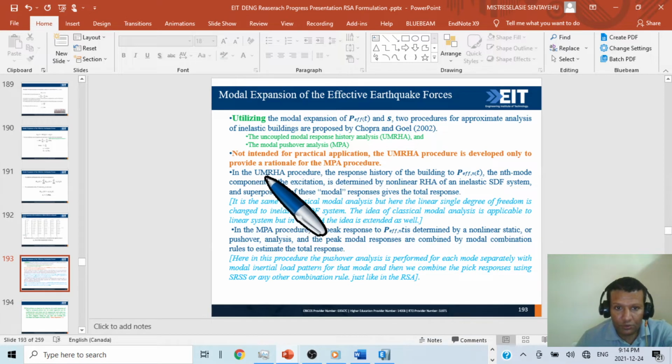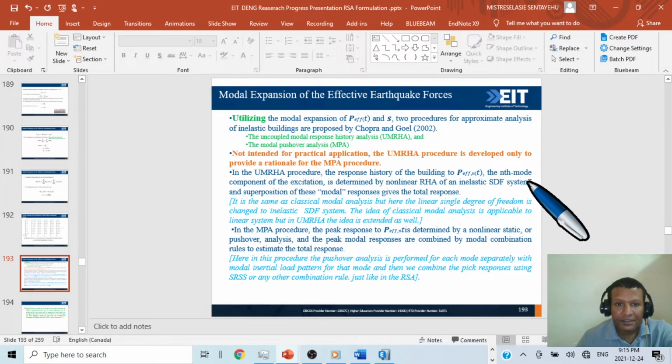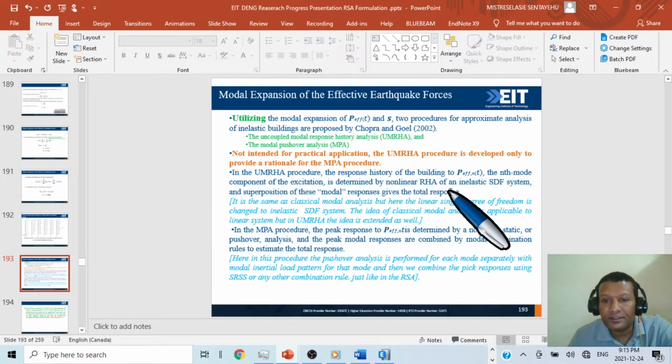In the UMRHA procedure, the response history of the building to P effective in the nth mode, the nth mode component of the excitation, is determined by the nonlinear response history analysis of an inelastic single degree of freedom system, and superposition of these modal responses gives the total response.